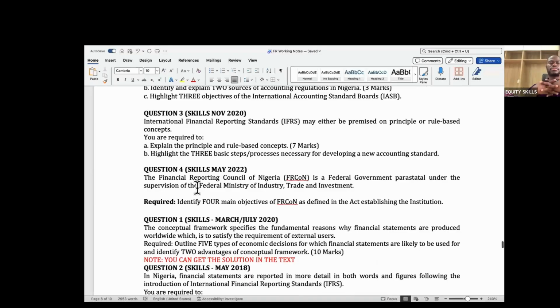Number 3, they said IFRS may either be premised on principle or rule-based concepts. You are required to explain the principle and rule-based concepts, and B, highlight the 3 basic steps or processes necessary for developing a new accounting standard.